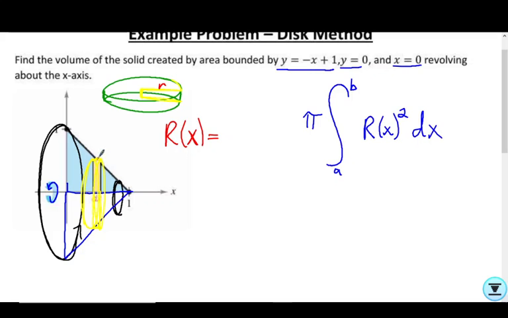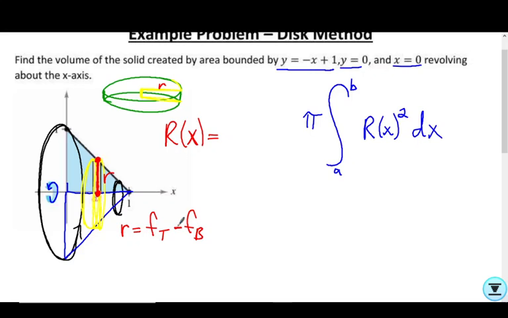So again, we look at this from here to here, this is my radius. And again, we're talking about this vertical strip here. And we know that the radius, that length, is the function on top minus the function on bottom.